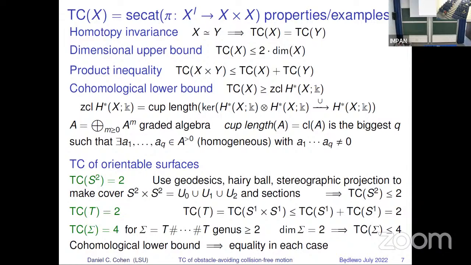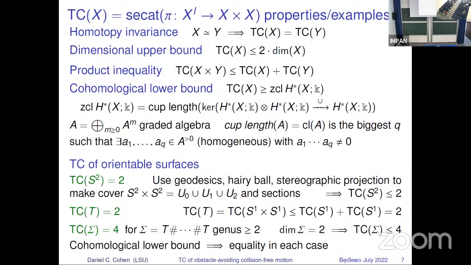For other orientable surfaces, things are fairly straightforward. For instance, for the torus, we have this product inequality that I just mentioned, which in light of the calculation for the circle we did a few minutes ago says the complexity of the torus is at most 2.